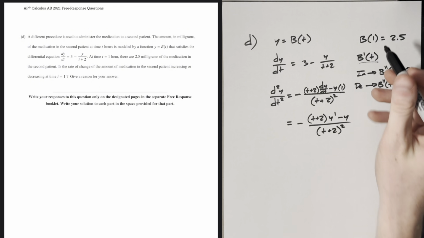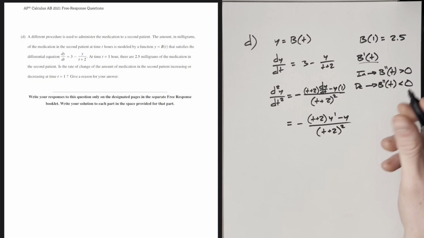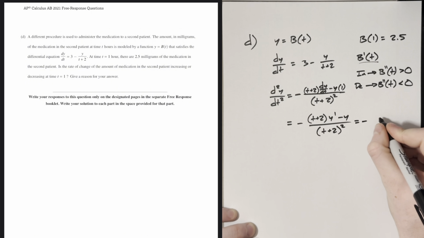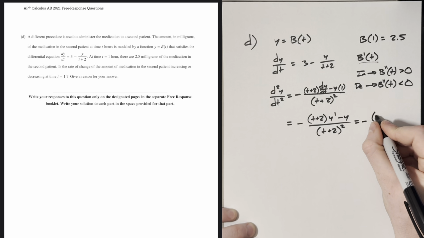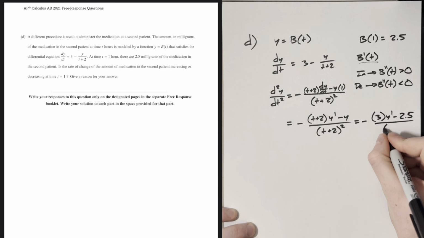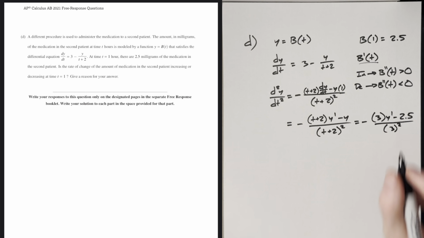And this is at t equals 1, y equals 2.5. So I can go ahead and plug in those points. I get negative (1 plus 2, which is 3, times y prime, minus 2.5) divided by t plus 2, which is 3, squared.